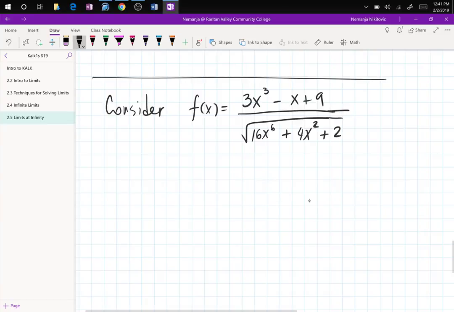Doesn't matter. Let's say this is something that you would like to check whether it has an asymptote or not. Horizontal asymptote.